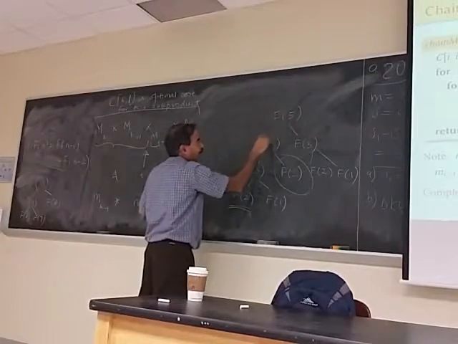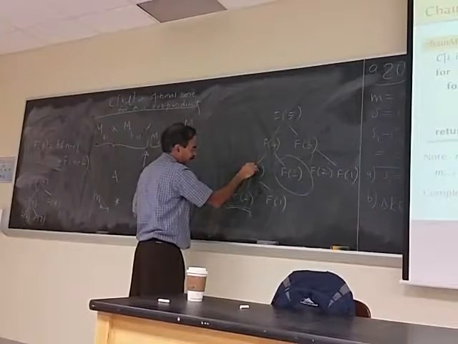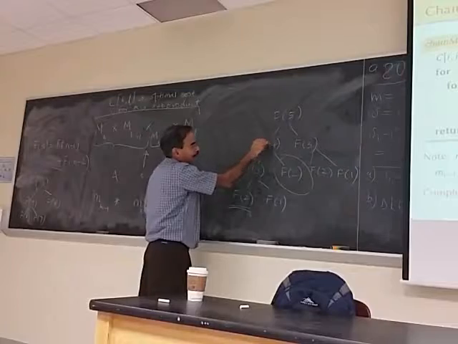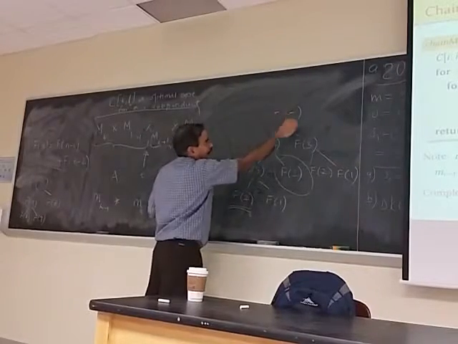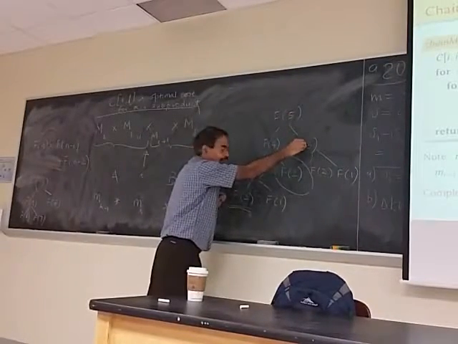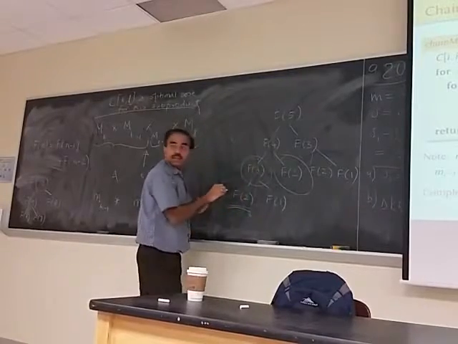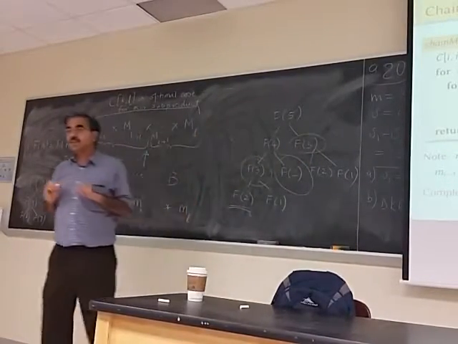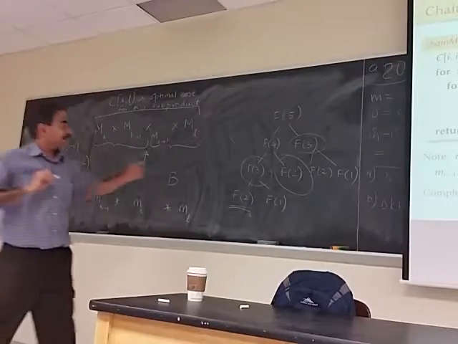By the time you are coming up the recursion tree, f5 will call f4, f4 will call f3, f3 will call f2. By the time you unwind and come here and ask for f of 3 again, f of 3 has already been computed, right? So you can just pick up that solution if you stored it somewhere instead of having to recompute it.